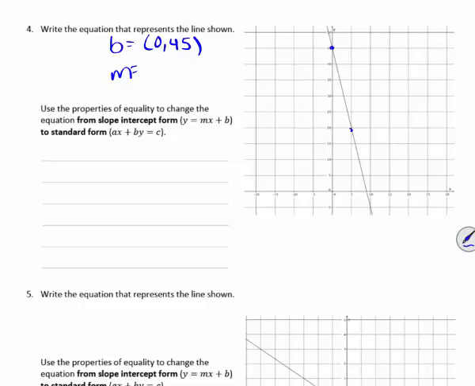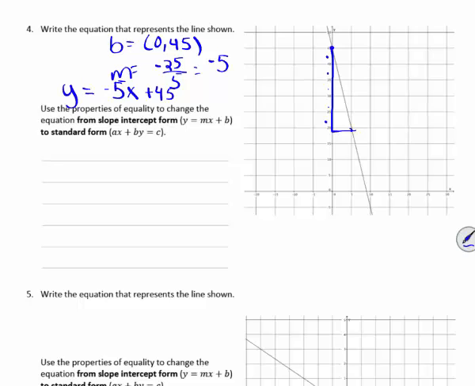So I'm going down, negative, going down 5, 10, 15, 20, 25. And I'm going over, and if you look here, the x's are also going by 5, so I'm going to the right 5, which would reduce to -5/1. Okay, so now fill in your equation: y equals -5x plus 45.